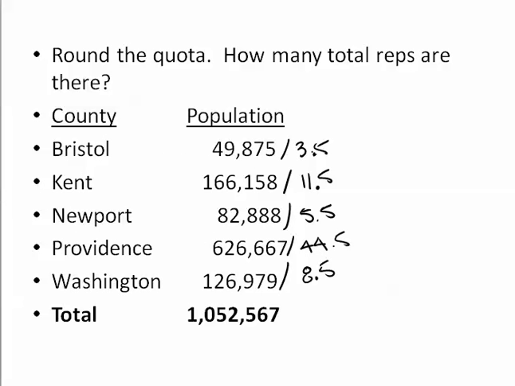So now I've lowered each group's quota by 1/2 or 0.5, and I'm going to divide the population by the adjusted quota. So 49,875 divided by 3.5 gives us an adjusted ratio of 14,250.